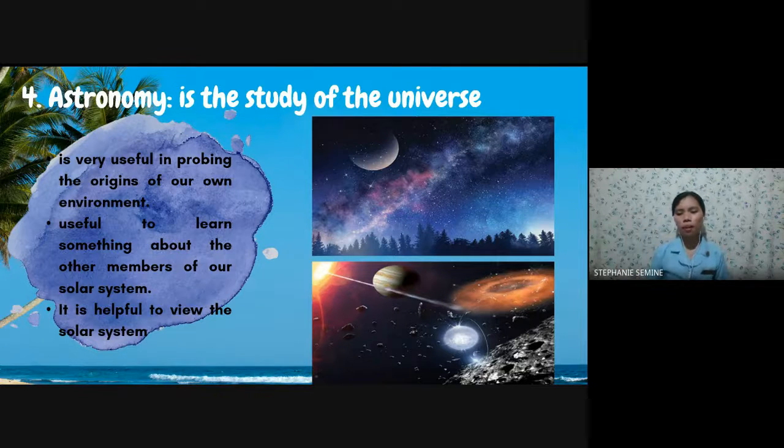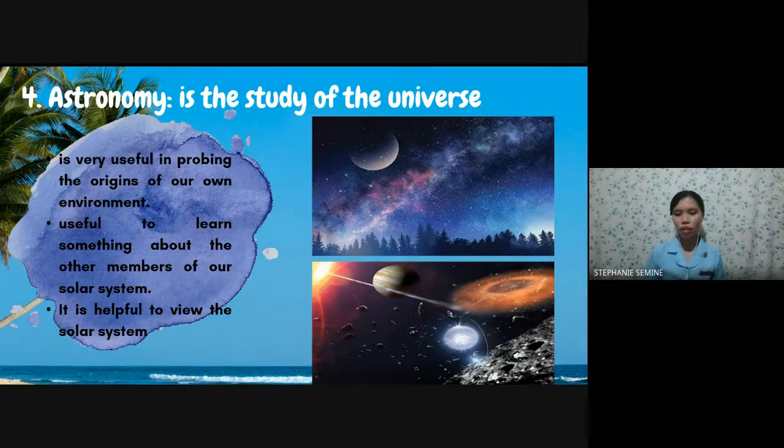It uses mathematics, physics, and chemistry in order to explain their origin and evolution. Also, class, astronomy demonstrates that an understanding of Earth requires that we relate our planet to the larger universe because Earth is related to all the other objects in space.